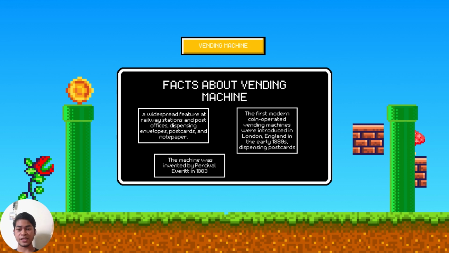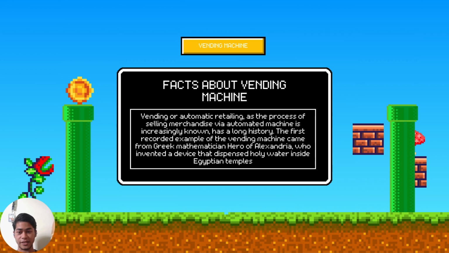A vending machine is a widespread feature at railway stations and post offices, dispensing envelopes, postcards, and notepaper. The machine was invented by Percival Everett in 1883. The first modern coin-operated vending machines were introduced in London, England, in the early 1800s, dispensing postcards. Facts about vending machine.